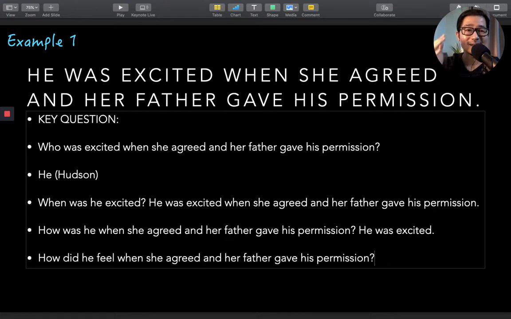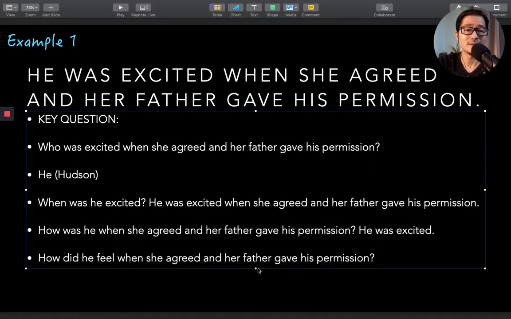So that's why I was telling you, as much as possible, try to stick to the original grammatical structure. But if there is a better question to ask, and what I mean by better is a more usual question we ask, then go ahead, ask that question, even though you will not be faithful to the grammatical structure.